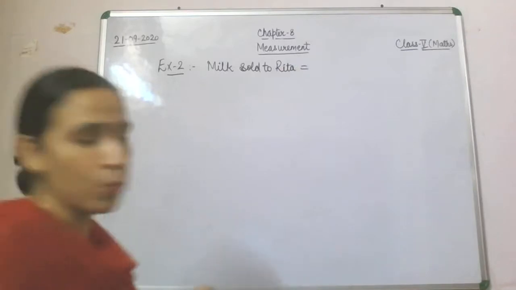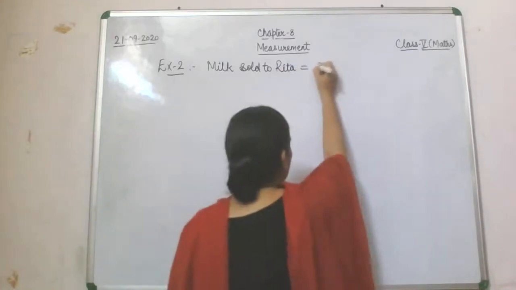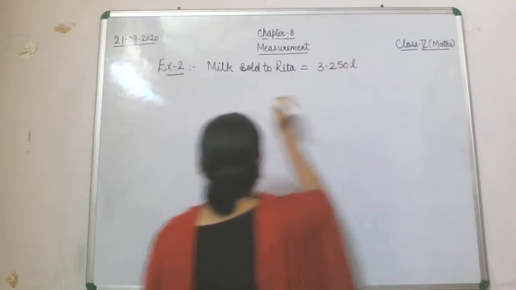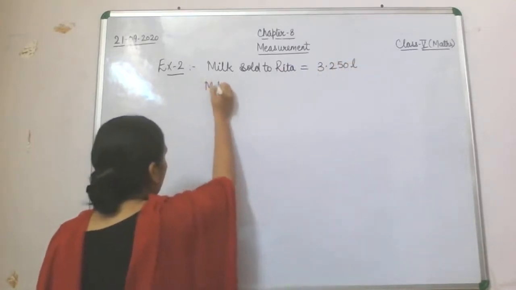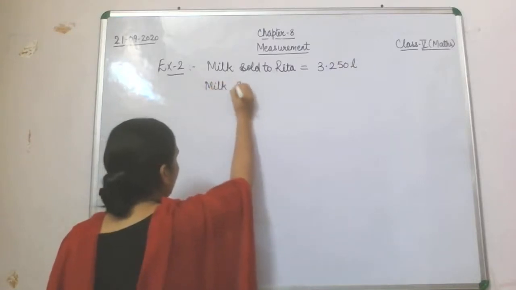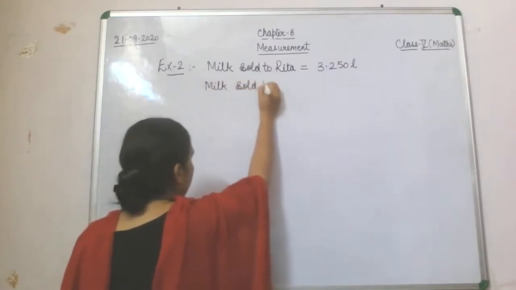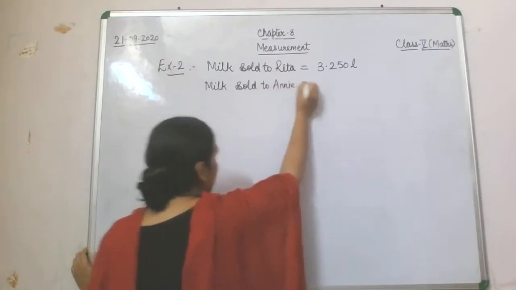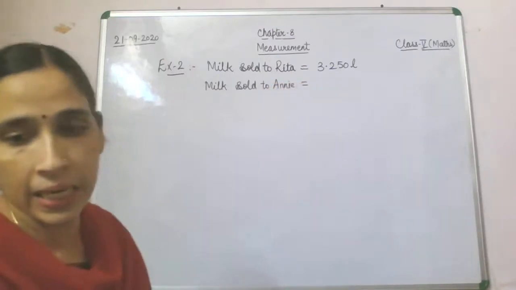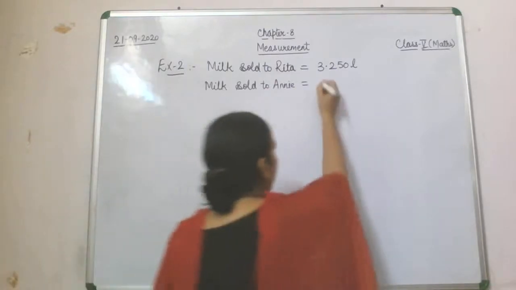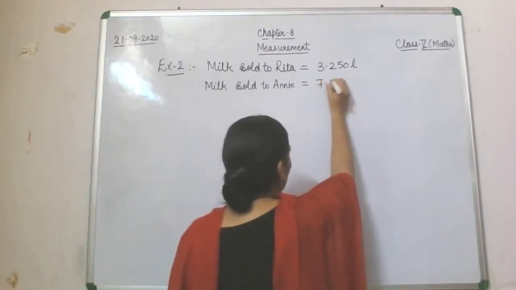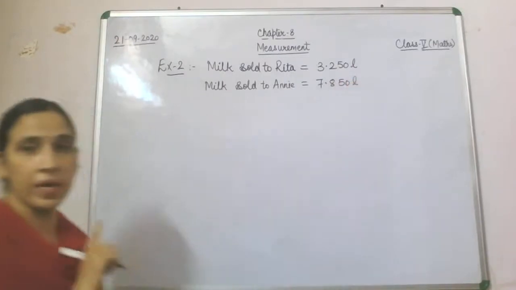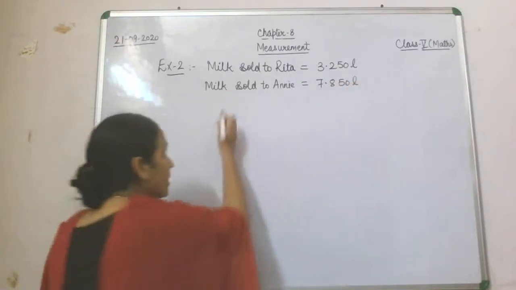That is 3.250 liters. Now next is milk sold to Annie, that is 7.850 liter. Now what you are supposed to find out here is the total milk sold.